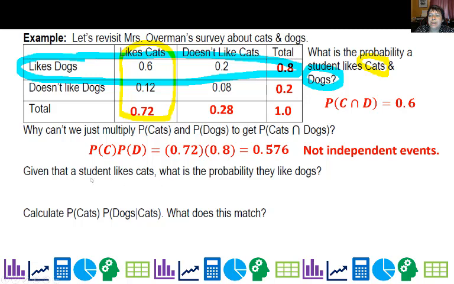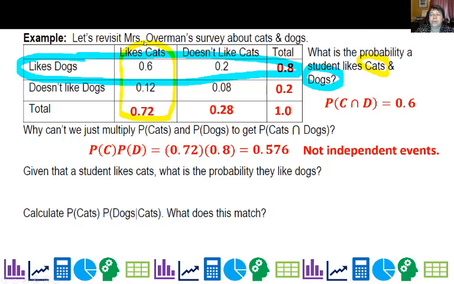So let me introduce the idea of a given again. Remember how we said given that we drew a green marble, what's the probability of getting a red? Well, given that a student likes cats, what is the probability they like dogs? In the tree diagram, we only looked at the green branch. So what we're going to do now is only look at the like cats column.